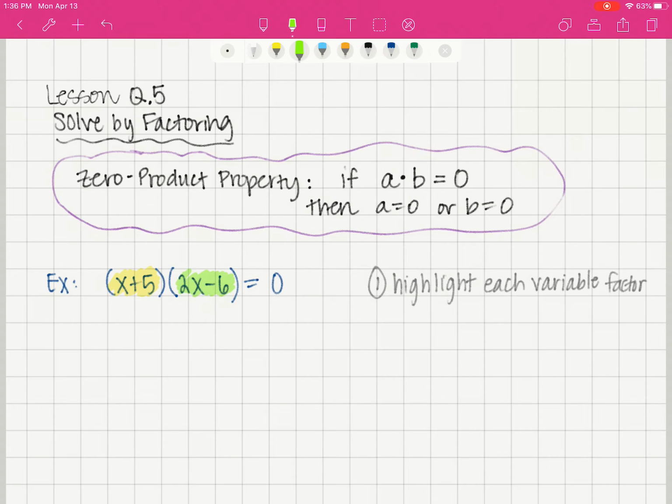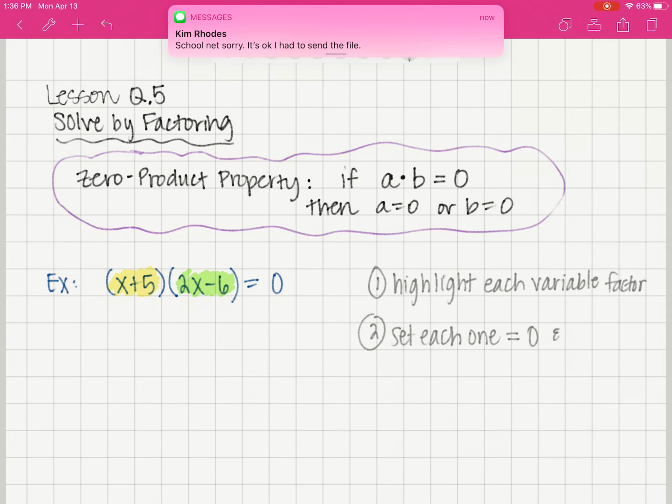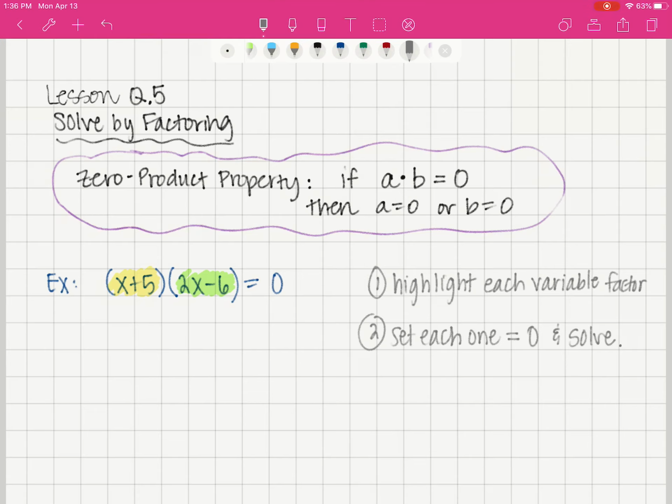So we highlight each variable factor, and then step 2, we set each one of them equal to 0 and solve. So I'm going to take x plus 5 and set it equal to 0, and take 2x minus 6 and set it equal to 0.